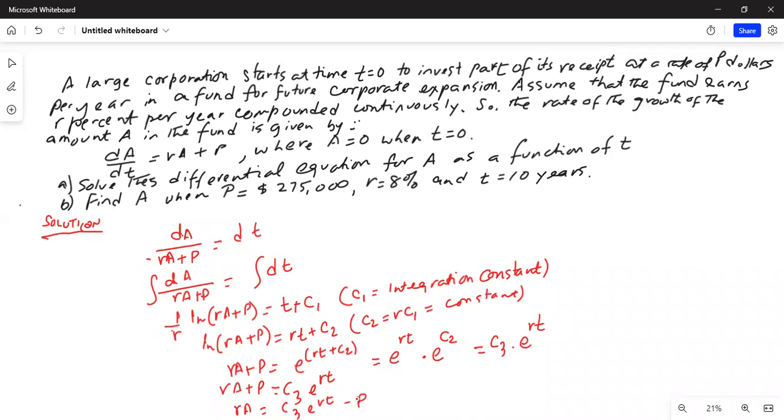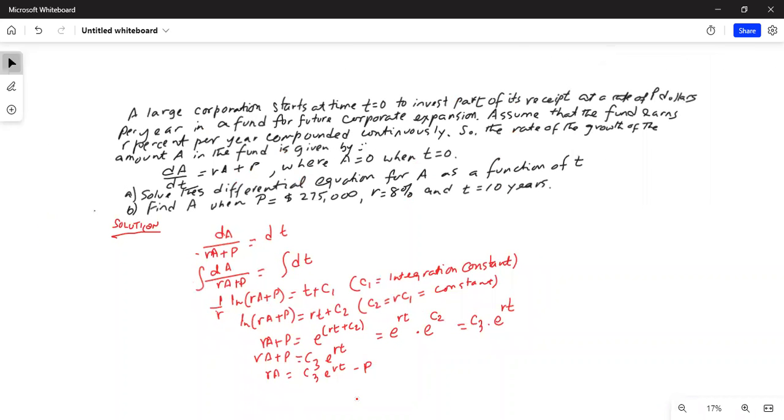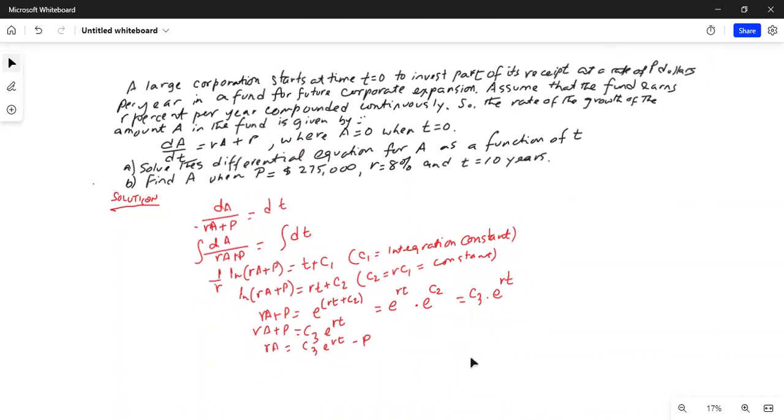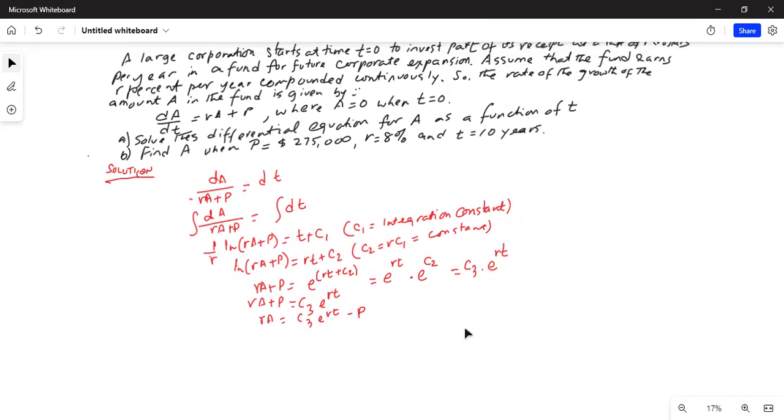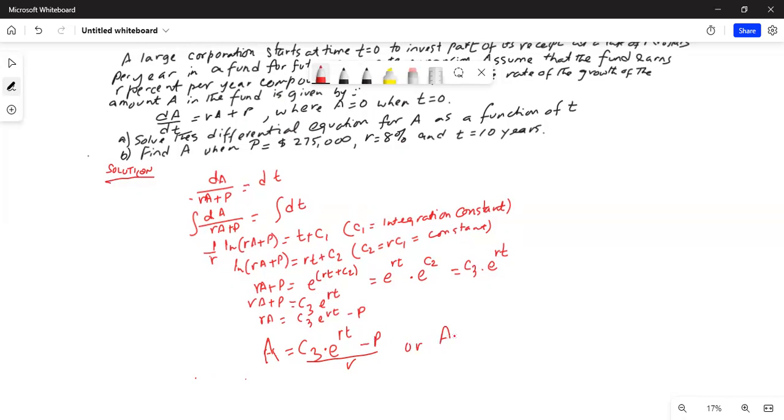And then we will divide by R on both sides to get A is equal to C3 multiplied by e to the power of Rt minus P divided by R. Or we can write A is equal to C3 by R e to the power of Rt minus P over R.